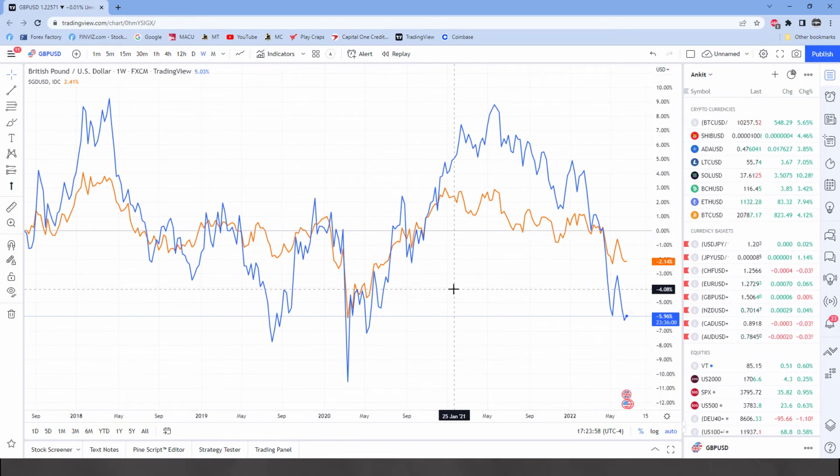That's the one thing you can tell because as we swing up and down, you can see the swings in the pound on a percentage basis are much bigger than the swings in the Singapore dollar. Again, this is something to just file away in your brain that the Singapore dollar is much less volatile than the pound, even though they are highly correlated together.